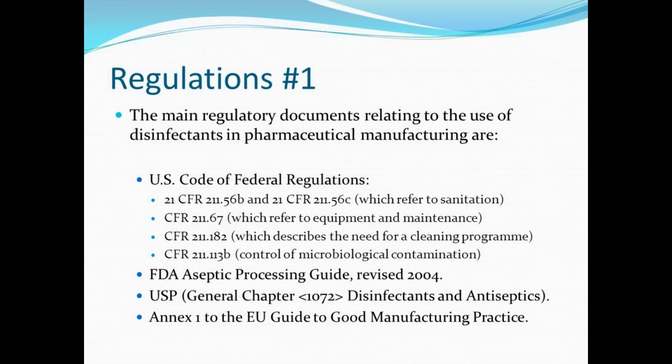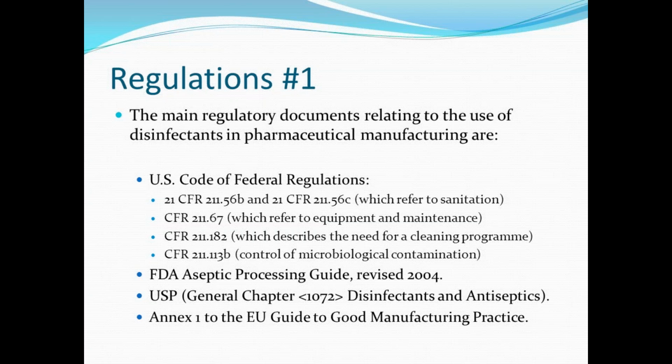There is also reference in the FDA Aseptic Processing Guide. Now, obviously this refers to sterile processing only, but there are aspects in there that can be applied to any pharmaceutical or healthcare operation. Then there is a USP chapter, Chapter 1072, which is a general chapter.